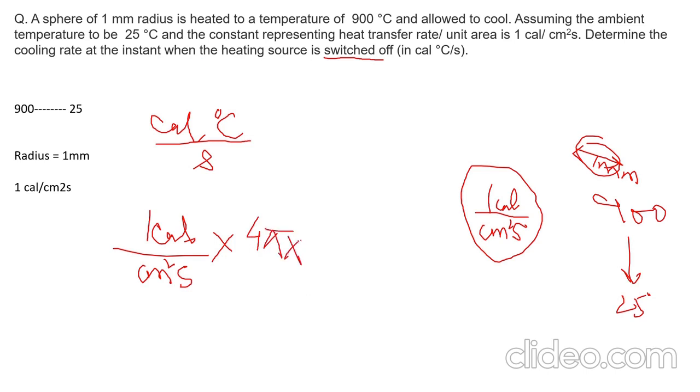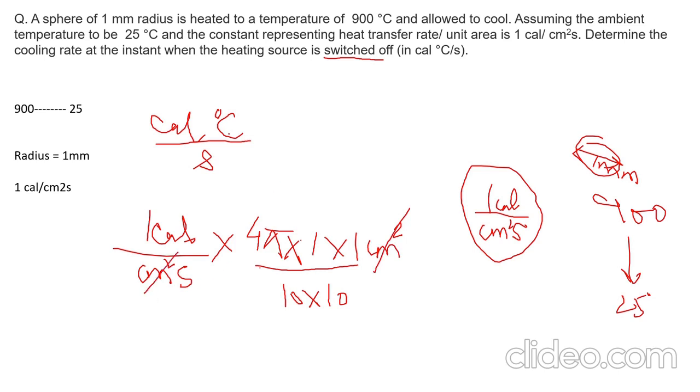The radius is 1 mm, so we can convert it into centimeter. This is area, given in centimeter square, so you can cancel out these two.